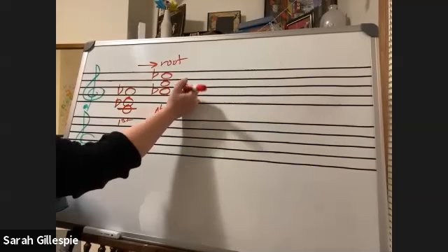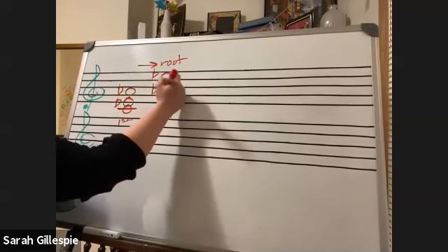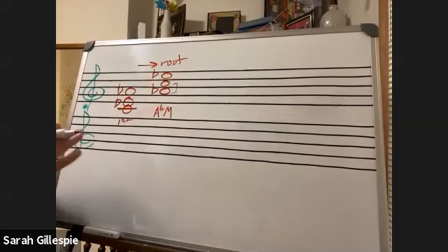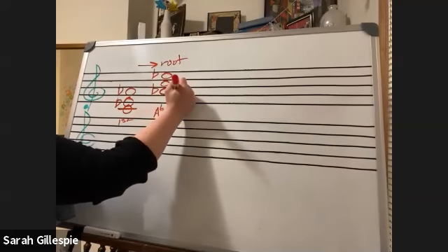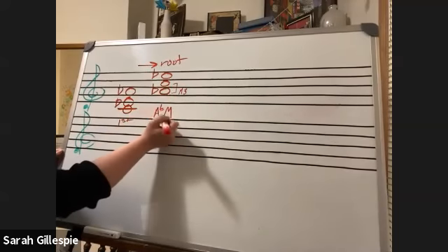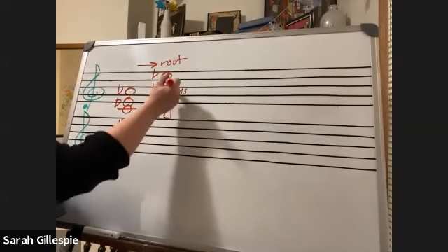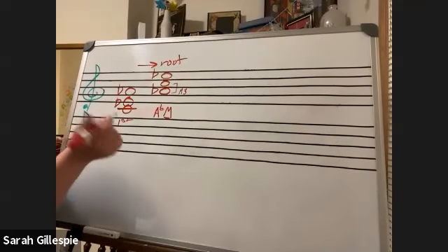Because we have the distance from A flat to C, and we would count how far apart that is. And we know that that is a major third. And if that's a major third, then we know it's a major chord. So it's the quality of the root to the third that gives this major and minor quality.